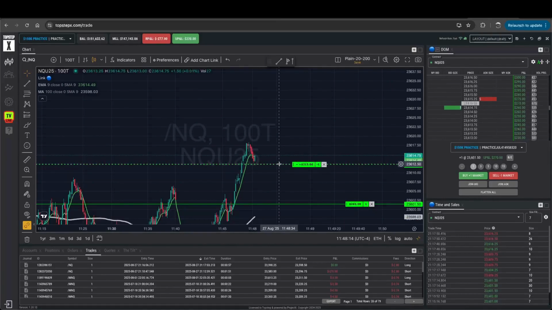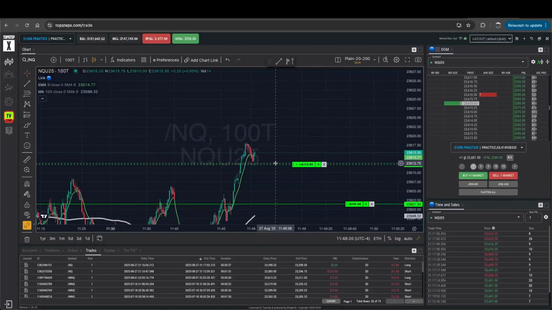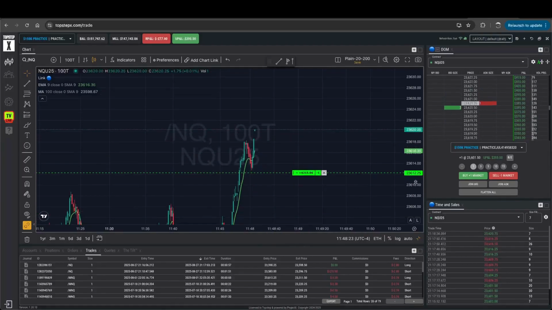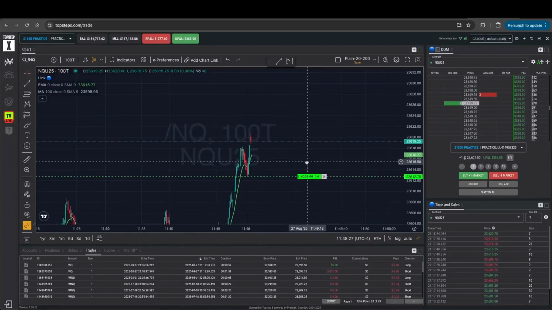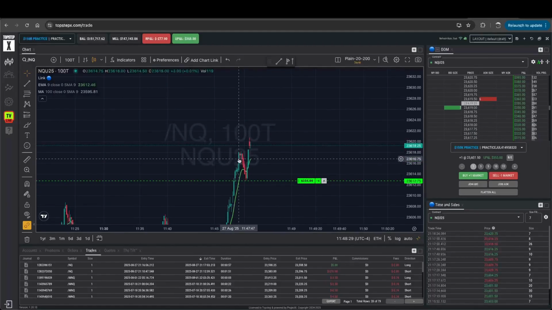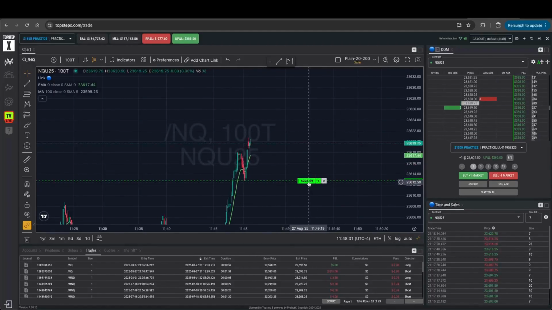That was close. The price broke out again, and I am going to trail the stops close to the previous highs.